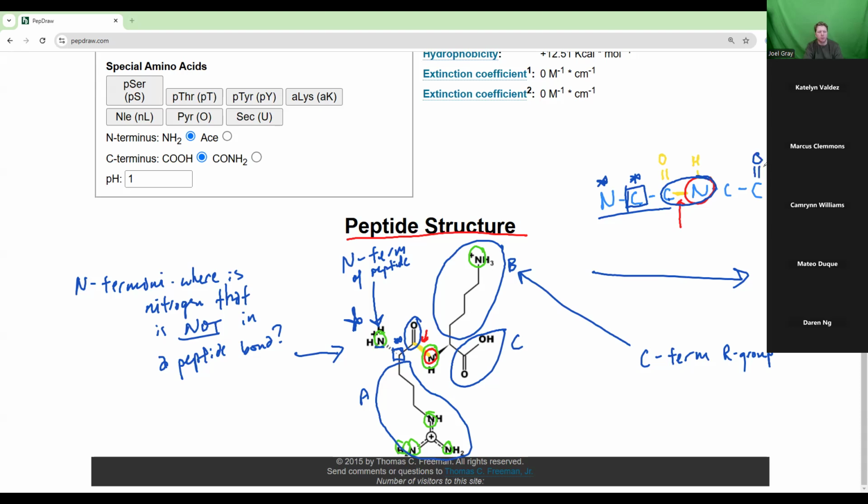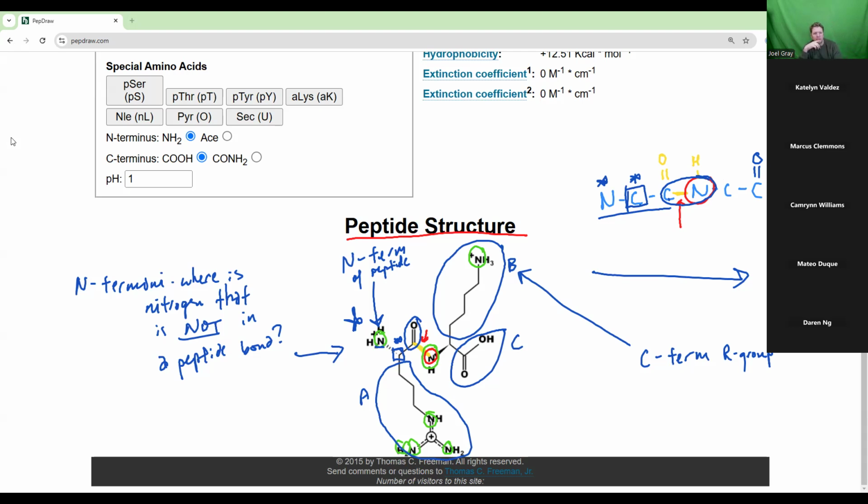And lo and behold, if this continues on, if it's like a 6 amino acid long peptide, I know nitrogen, alpha carbon, carbonyl, nitrogen, alpha carbon, carbonyl. Alpha carbon's got my R group. And so, just as a little bit of a, not warning, but a thought, I might give you a question that says, which of the following is, actually, heck, we can use what I've got right here.